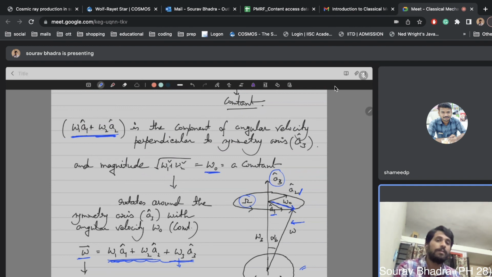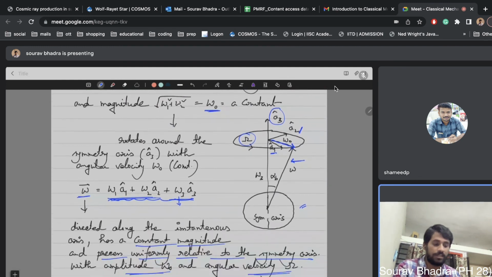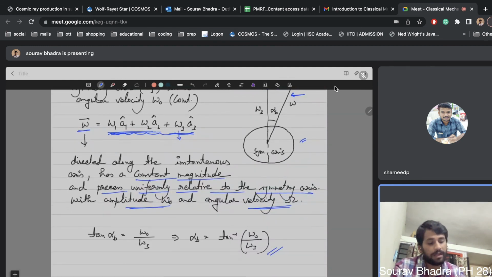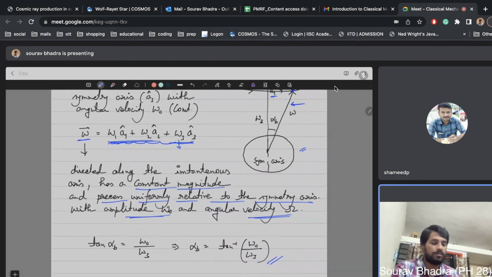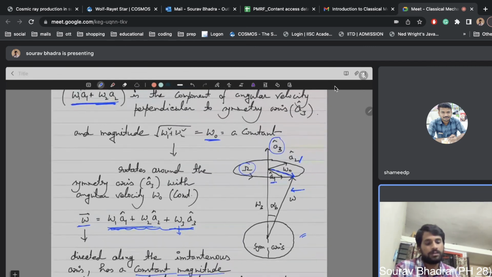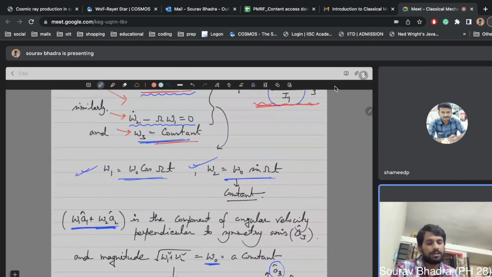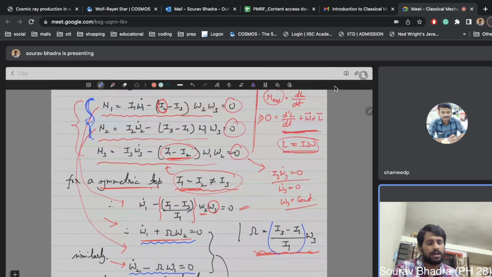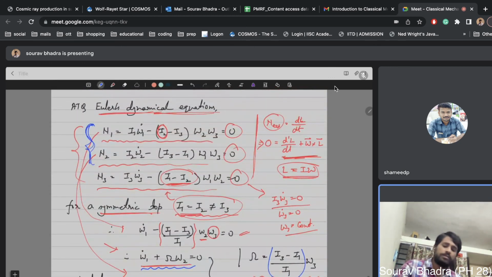But here only the precession can happen, no nutation. And the angle is tan inverse omega 0 by omega 3. This is important, and it comes from only solving the Euler dynamical equation with the proper condition for the symmetric top.